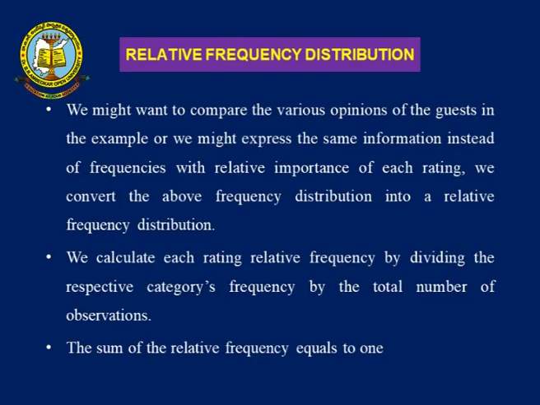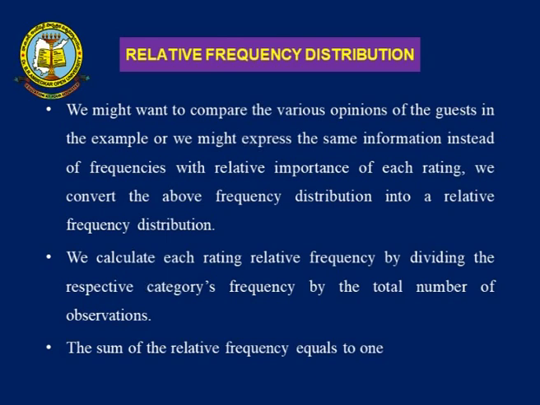So, now we are talking about one more important distribution, relative frequency distribution. We might want to compare the various opinions of the guests in the example. We might express the same information, instead of frequencies, with the relative importance of each rating.